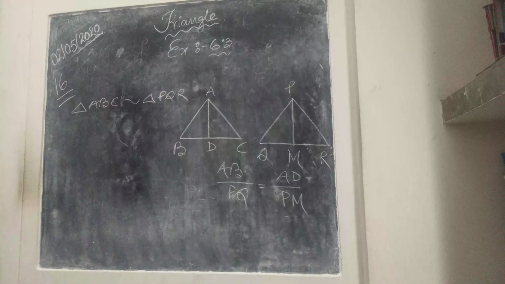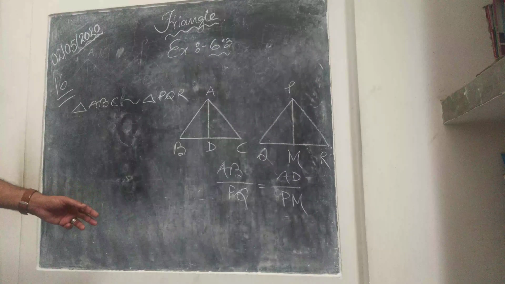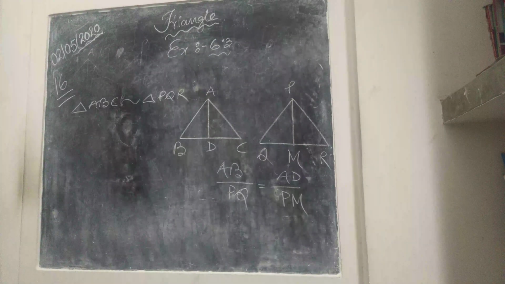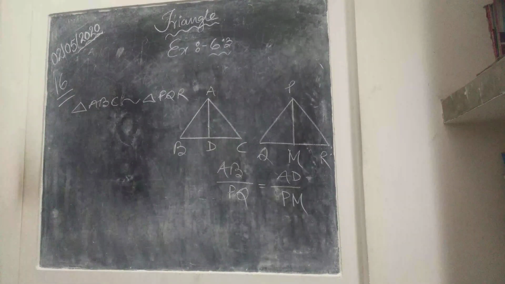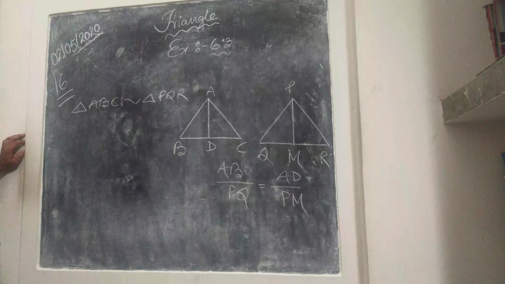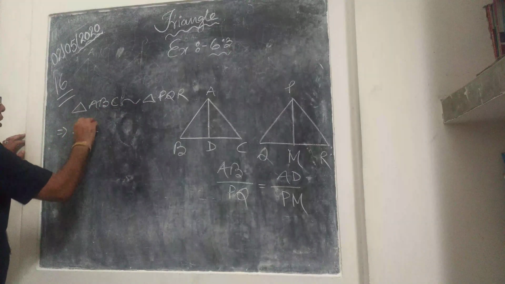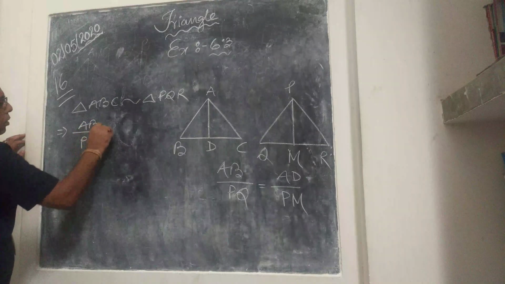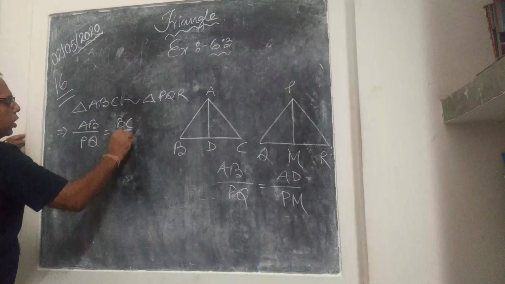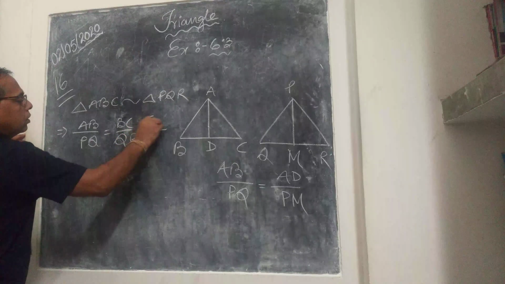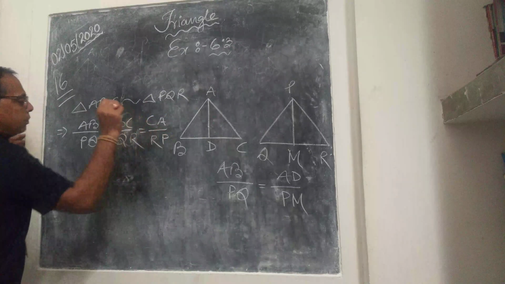So that means in question number 13 we got it. Almost same type of question was there. Then again we got in question number 12 also. Almost same, not exactly same, but almost same. Let's see. Then if this is the one, then implies AB by PQ equal to BC by QR equal to CA by RP.